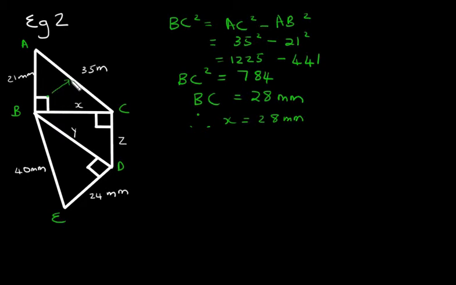It's pointing towards AC, and that helps you identify your hypotenuse. So that will give us 35 squared minus 21 squared, which is equal to 1,225 minus 441, which will give us 784. However, we don't want BC squared. We want BC. What does that mean? We need to square root both sides, and that will give us BC is equal to 28 millimeters, and therefore X is equal to 28 millimeters.